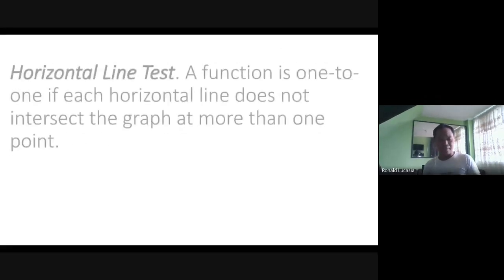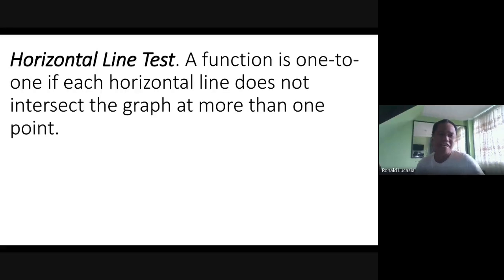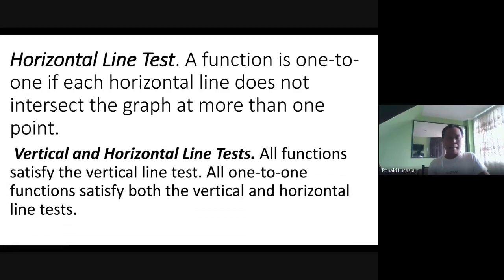Okay? Last one. Wala na pala. Sorry. So, you are familiar with the vertical line test. A horizontal line test we do using the graph. Kapag horizontal line test, malalaman natin kung ang graph ay one-to-one o hindi.